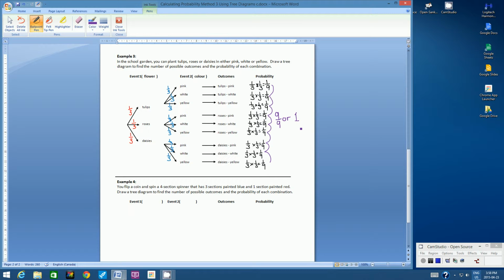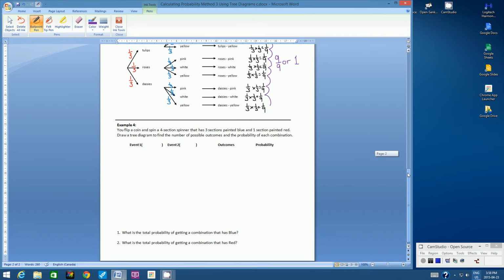Okay. Let's go on to the last example where I'm going to get you to be even more independent. Example 4. You flip a coin and spin a 4-section spinner that has 3 sections painted blue and 1 section painted red. So the first thing you need to understand is, what does this spinner look like?